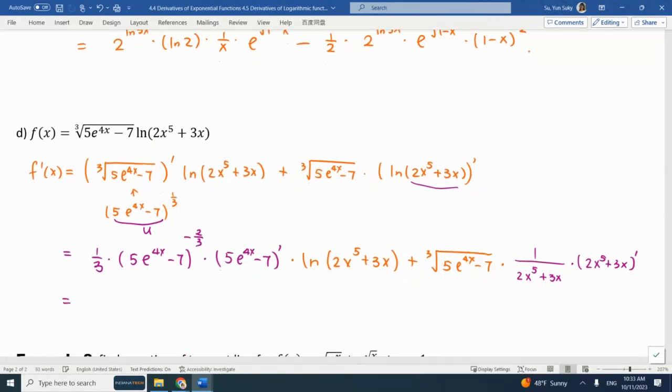So we have 1/3 times (5e to the 4x minus 7) to the negative 2/3 multiplied by, what's the derivative of 5e to the 4x? Now, Jay, what's the derivative of this?